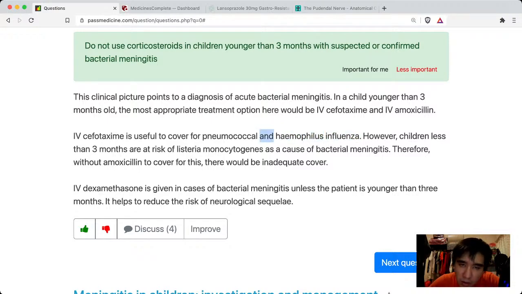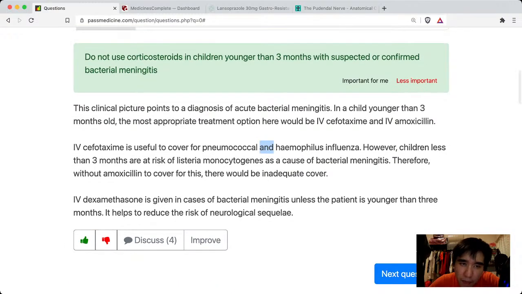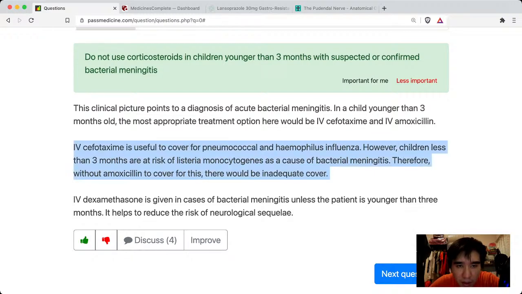Okay, remember the organisms, right? Neisseria meningitidis, NHS: Neisseria, Haemophilus, and Streptococcus. However, children less than 3 months are at risk of listeria. Less than 3 months is GEL, I think.